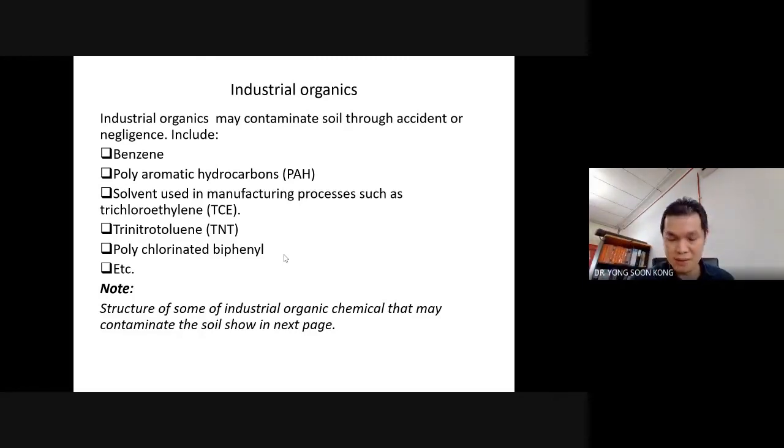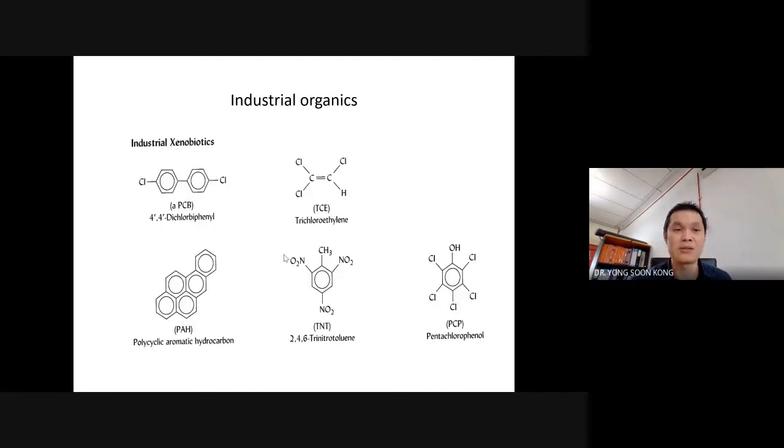I hope after this you have an image of this one. It's quite hard for me to describe how it looks. Yeah, there you go. So PCB, as you can see right there, 2 benzene rings bridged by a covalent bond, a bit like a spectacle, where around the benzene rings you may have multiple chlorines, not just one. It could be more than that depending on what kind of PCB.